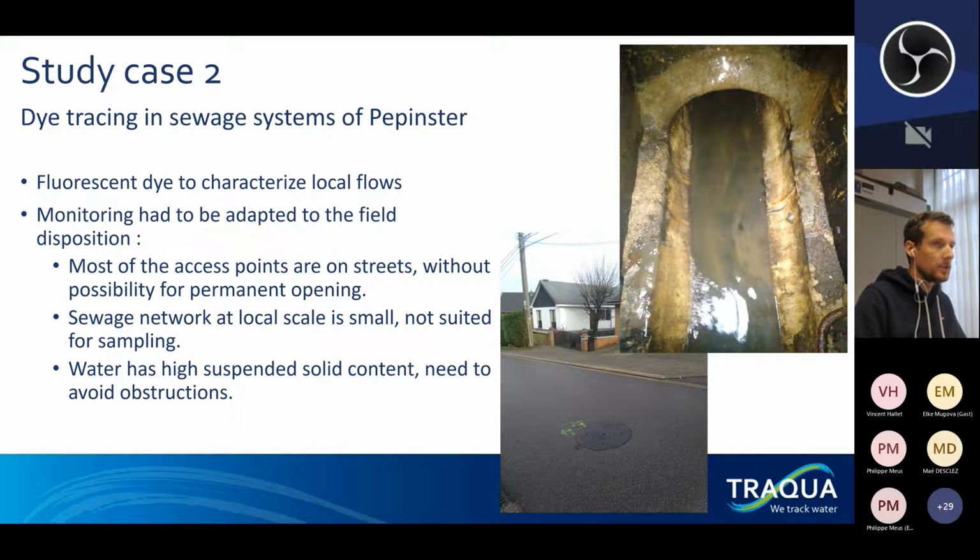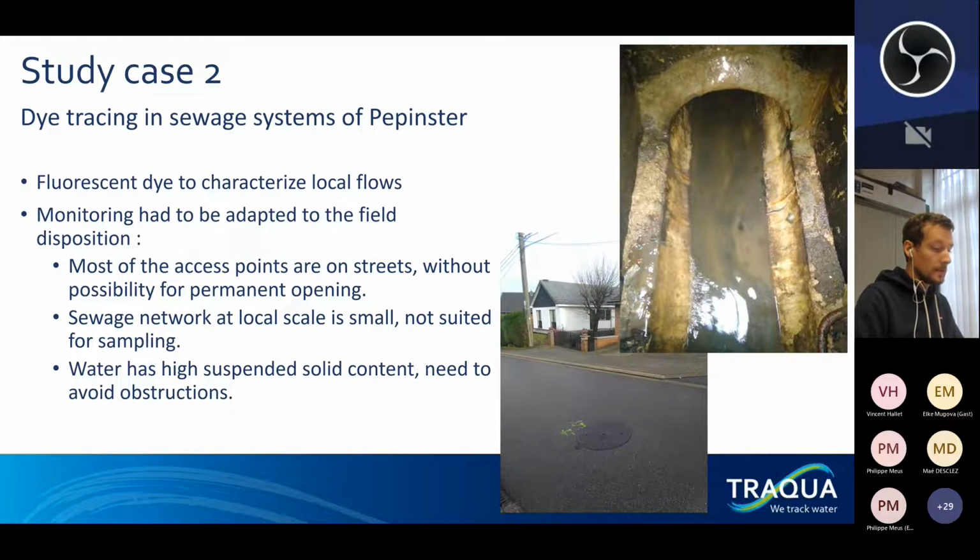As I already mentioned, these are small systems in villages and small towns, so the size is limited and the access is not very easy. The flow is not important in such a system. So again, we need to adapt ourselves to the situation, being able to sample in such a system.